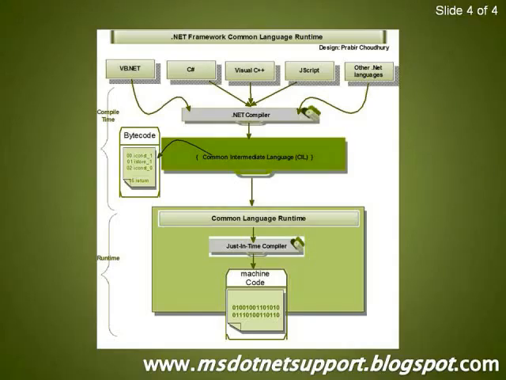The app domain of CLR is the region in which a process is running, and each assembly can get executed without creating a new process side by side with other assemblies, without hampering or affecting their execution.